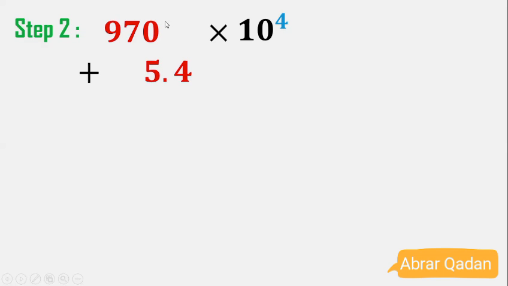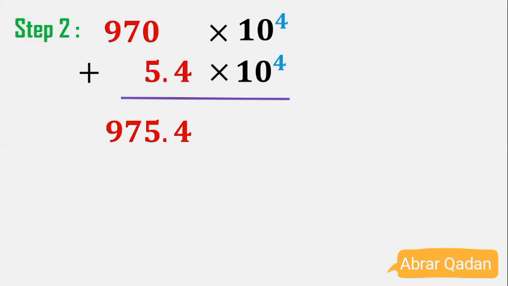So I have to line the 2 decimal points above each other, and after that add them. Add 970 plus 5.4 to give the number 975.4, and keep the same exponent without change.